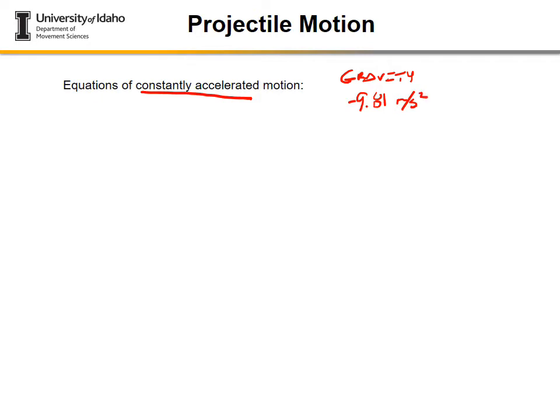That is a constant. This does not change. So once something is in the air, it changes at a constant rate of acceleration, negative 9.81 meters per second squared. That is very important for us to go forward, and that is why they are called equations of constantly accelerated motion.